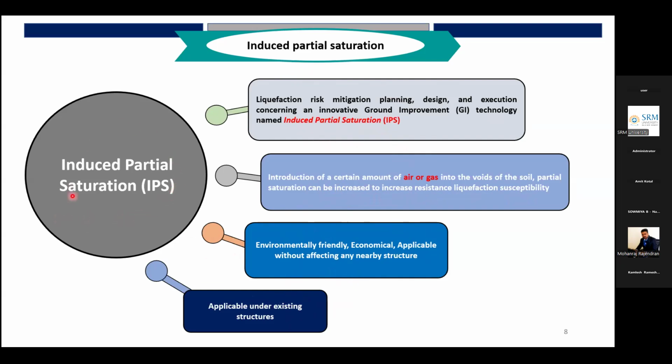But the big challenge is how to obtain the induced partial saturation. So we need to have a very, very systematic procedure, such that the developed procedures would be able to bring the soil to a partially saturated state, and thereby we could reduce the liquefaction risk.